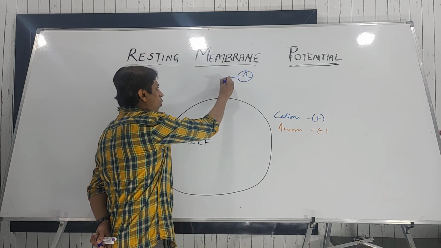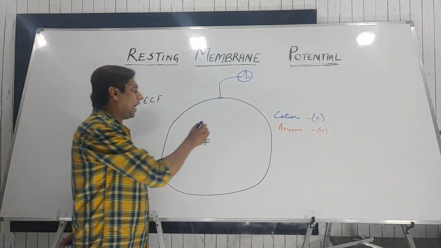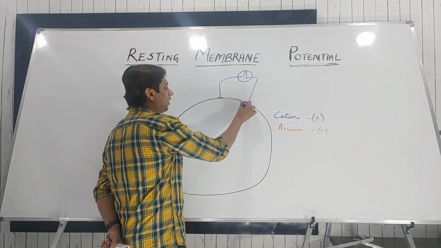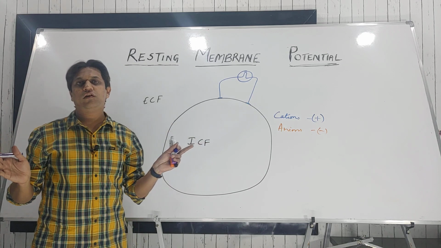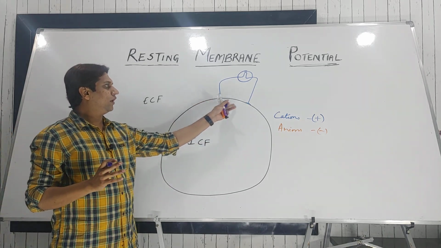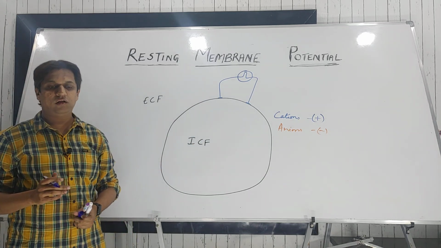If we keep one electrode on the cell membrane, and another electrode also on the cell membrane, the voltage deflection will be zero. There will be no deflection of the voltage if we keep both electrodes on the cell membrane.